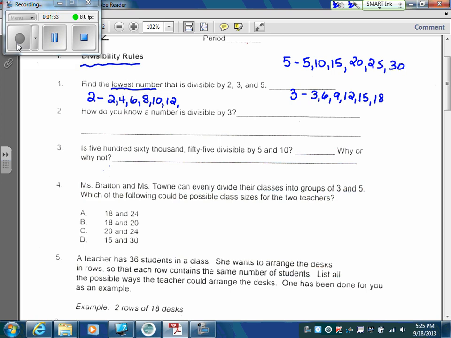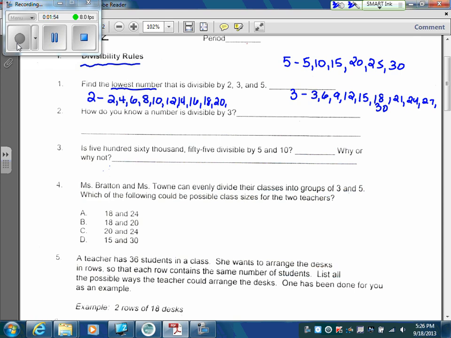30. So I need to keep going on the 2's. 14, 16, 18, 20. I've got a 20, so let me look at 3's. 18, 21, 24, 27, 30, okay?